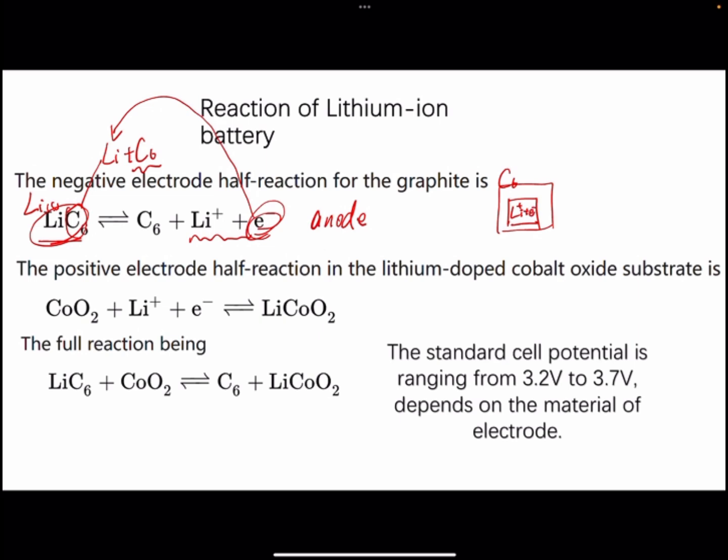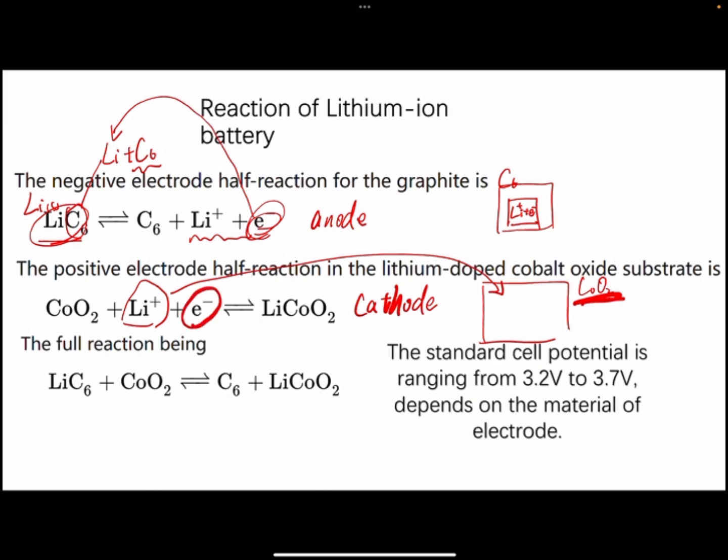And then here is the cathode. It's just like you have another box, called CoO2. This is another box. It can receive the Li plus ion into it, but you also need an electron.